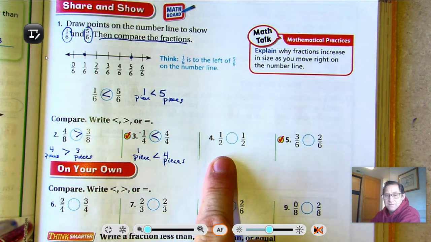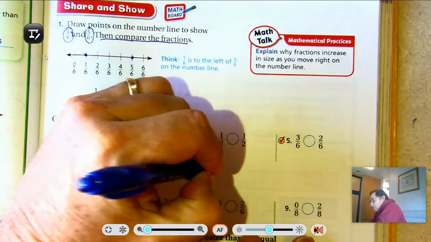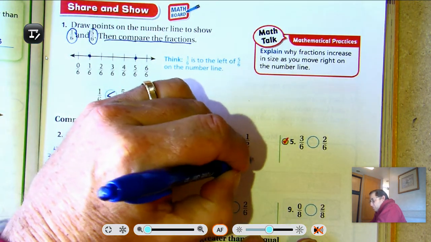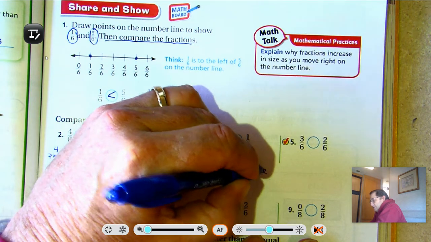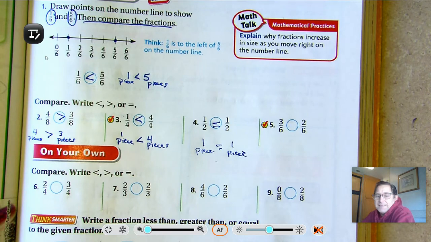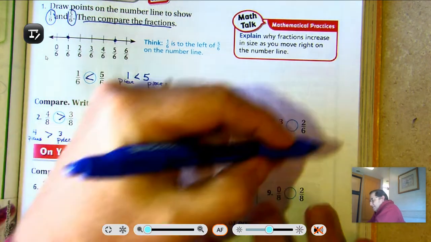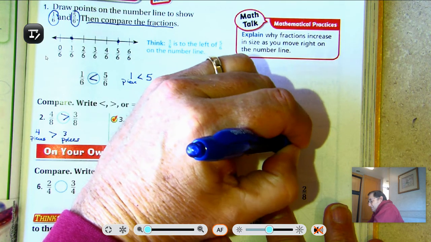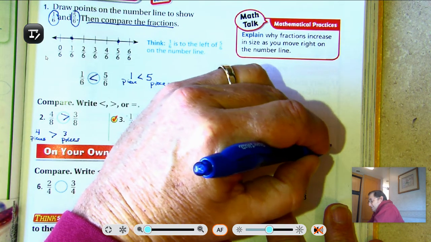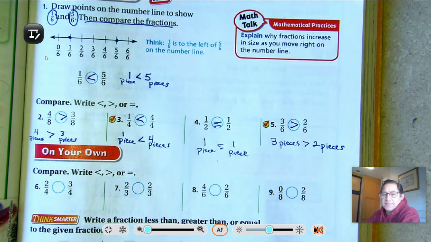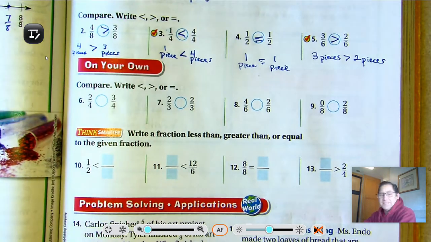Okay, 1/2, 1/2. 1 piece equals 1 piece. So the fractions are equal. 3/6 compared to 2/6. 3 pieces is greater than 2 pieces. So 3/6 is greater than 2/6. Okay, number 6.